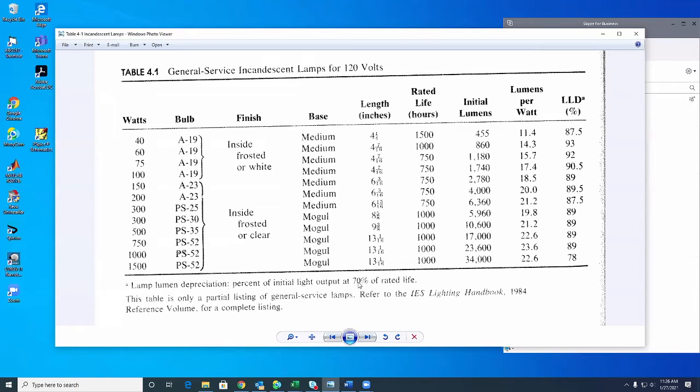So that means if the lamp is 1,000 hours, when the lamp has been used 700 hours, 70%, then the lamp will be shining at 89% or something like that. So that's the lamp lumen depreciation.